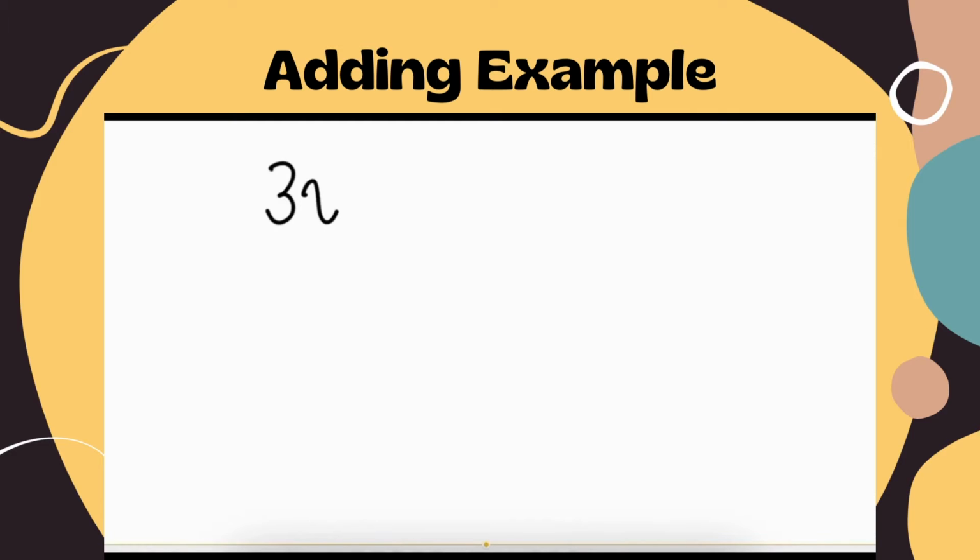Let's take a look at our first example adding like terms. In this problem, we have 3x squared plus 5x plus 8x squared. Now, when you're adding like terms, you need to find your like terms. Well, how do we do that? Do you notice any differences between these polynomials? We have 3 terms, right? But they're different.